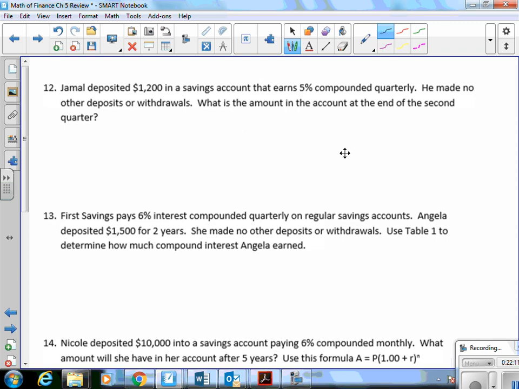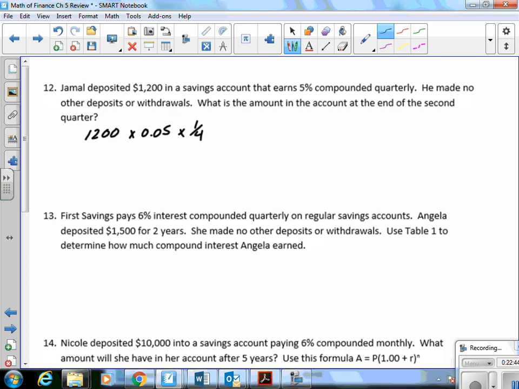So we got $1,200, and it's 5% compounded quarterly. So times 0.05 when we convert 5% to a decimal, and then quarterly is every 1/4 of a year.